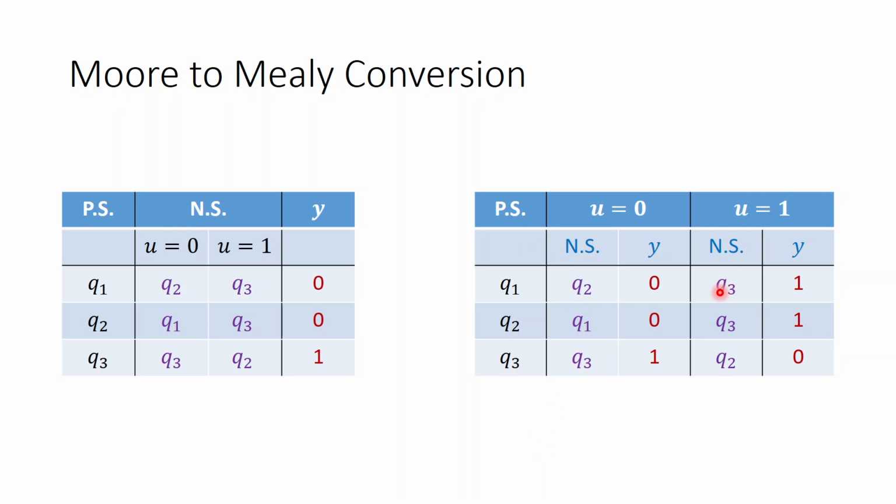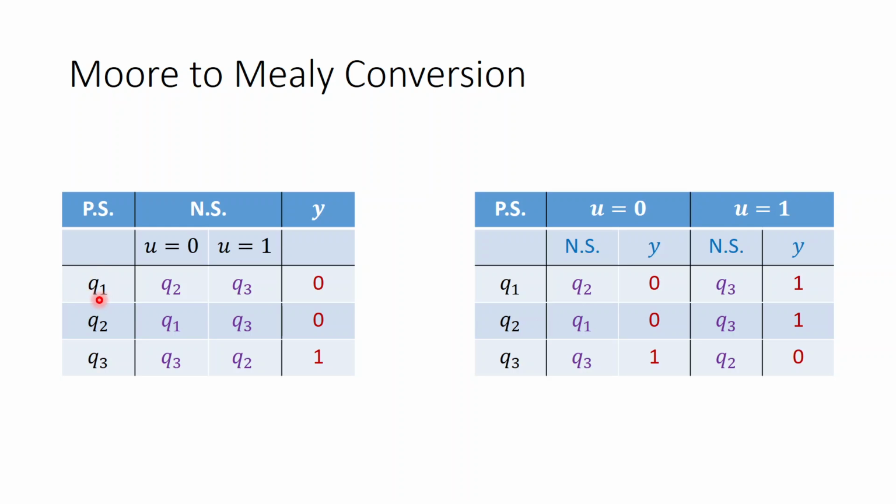When your next state is Q3, what would be your output? Let's see in the Moore table, what is the output when my present state is Q3? The output is 1. So when my next state is Q3, my output will also be 1. When I go to Q1, when my next state is Q1, what would be my output? So Q1 is here.